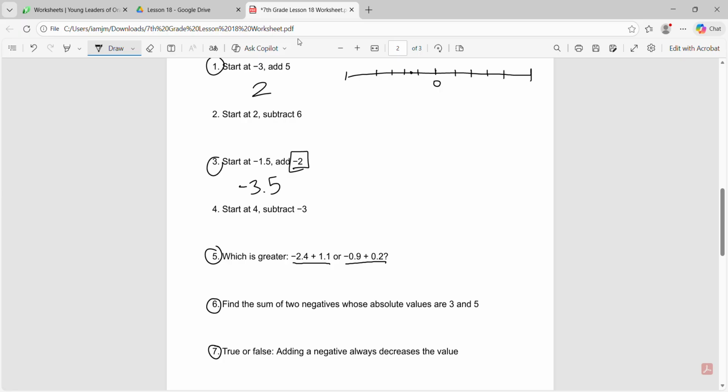Let's add. -2.4 plus 1.1 is -1.3, and -0.9 plus 0.2 is -0.7. Well, -0.7 is greater than -1.3.